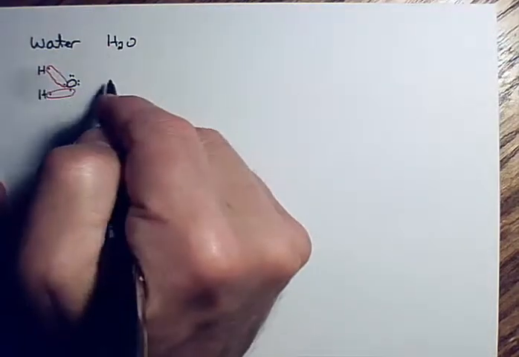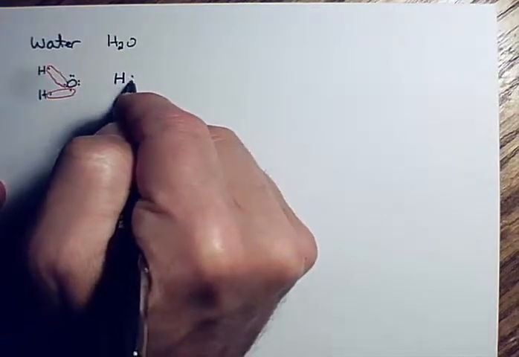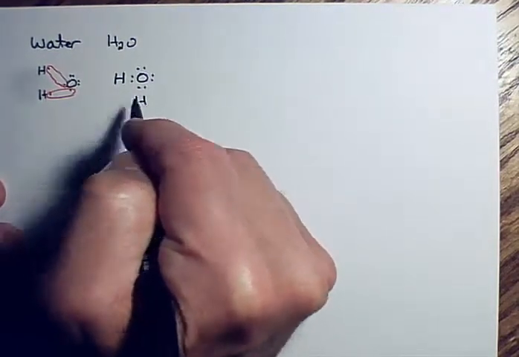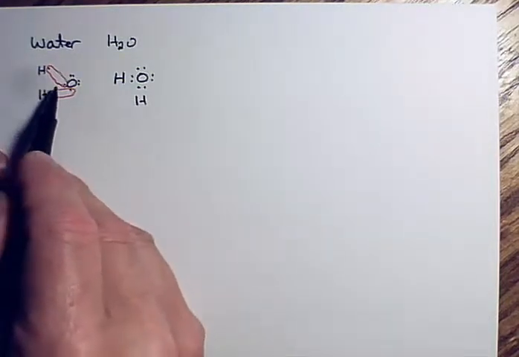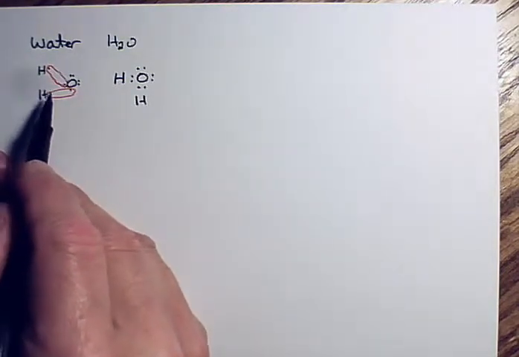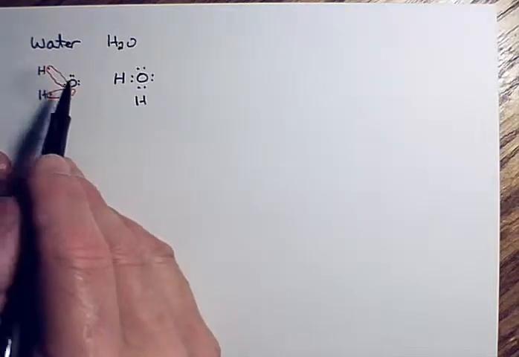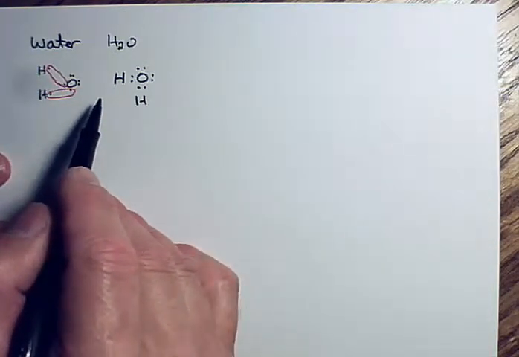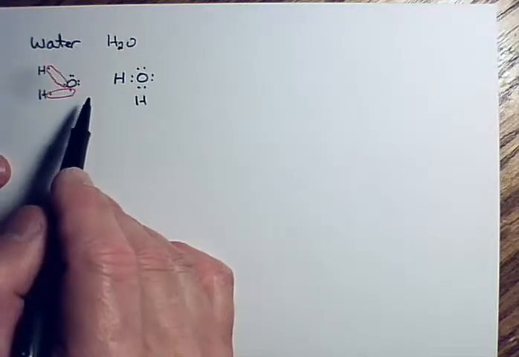And we get a Lewis dot formula. Okay, so this started out with electron dot formulas, then we went to the sharing arrangement, and now we have a Lewis dot formula. Okay, from the Lewis dot formula we can figure out the actual shape of the molecule.